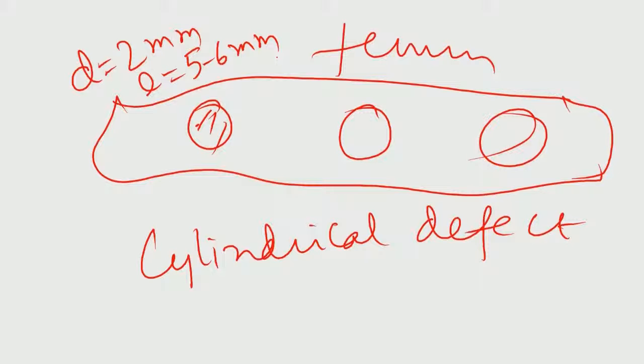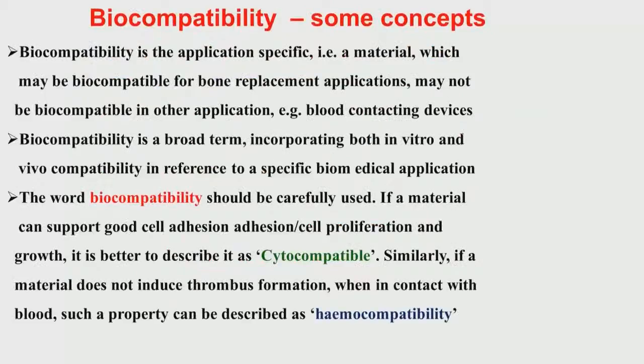Then you see how bone regeneration takes place around this cylindrical defect, and how long it takes to heal this kind of bone defect. So, that is the whole gamut of the host response in this particular defect model.